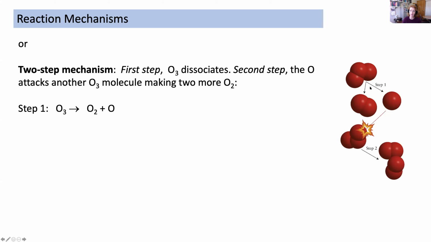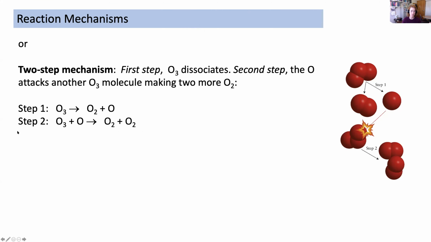So here's how you would write the elementary reaction associated with that first step. Here's our ozone dissociating, breaking up into oxygen and an oxygen radical. And then step 2 is that ozone reacting with the oxygen radical from step 1 to form 2 more molecules of O2. And then again, if you wanted to see the overall reaction, you can just add up step 1 and step 2.